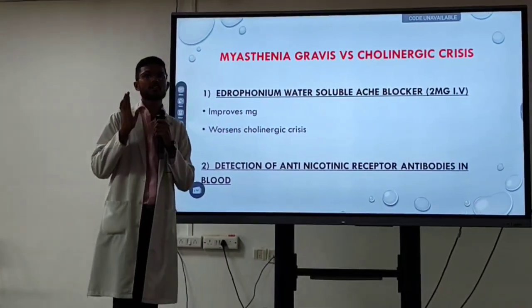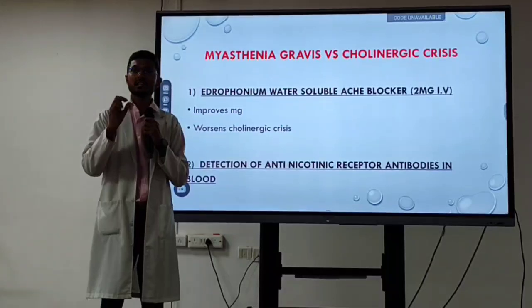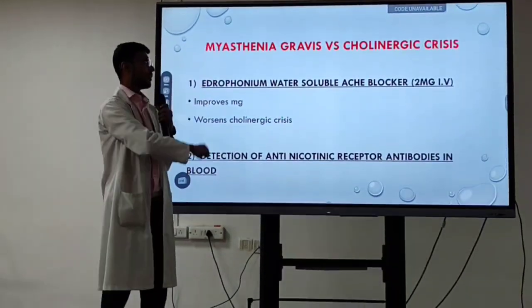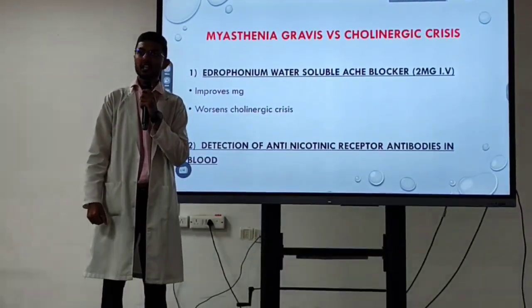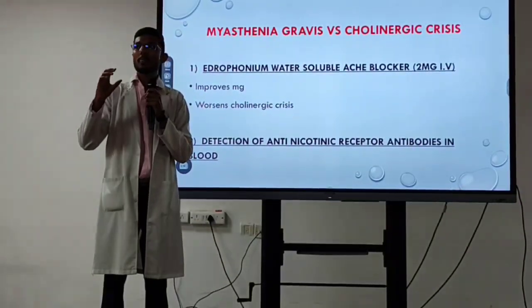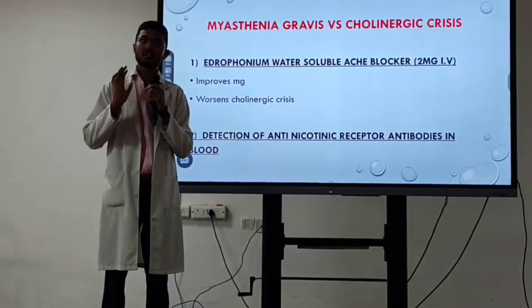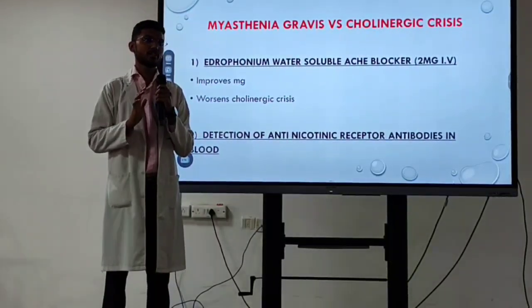Before heading towards the treatment of myasthenia gravis with cholinergics, let's differentiate between these two, myasthenia gravis and cholinergic crisis. Do you know NM receptors are very decent ones. They don't accept understimulation, they don't accept overstimulation.